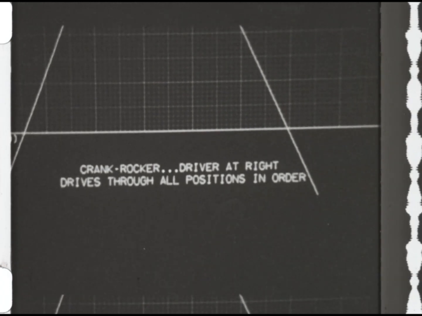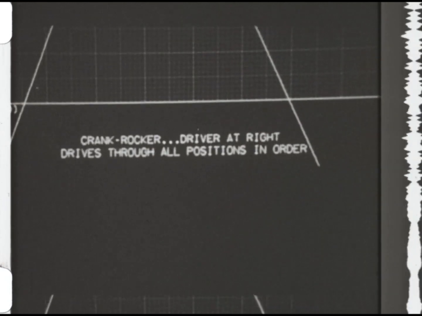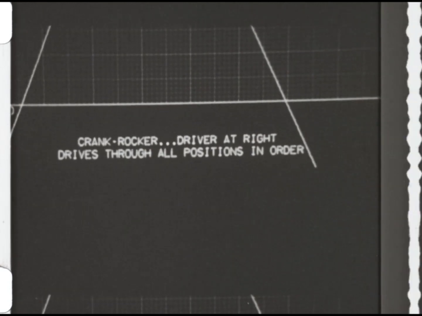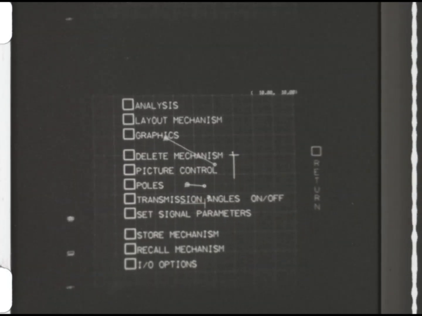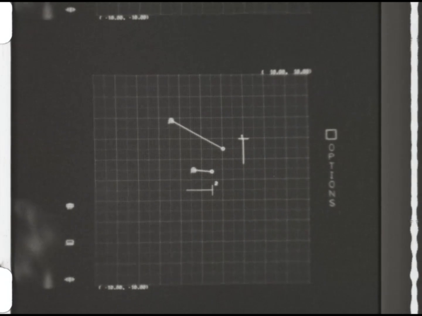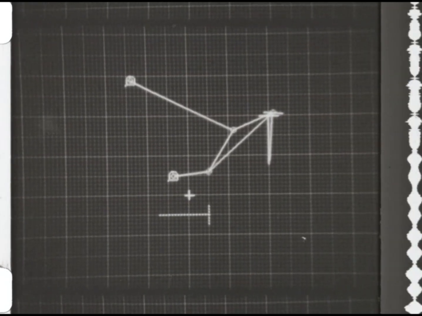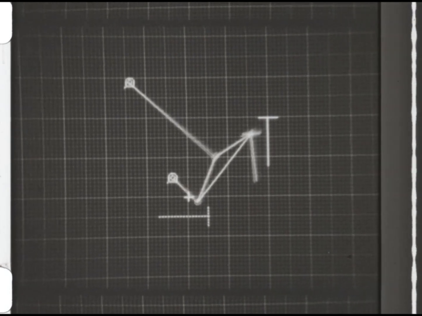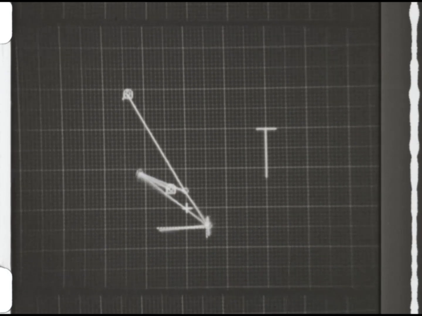It has the driver at the right of the screen and it drives through all the positions in order. Now this is only a two-position problem, but let's see how it actually moves. Notice that with the aid of the computer I've designed a mechanism in a few seconds, and it does move that body from the number 1 position over here to the number 2 position.